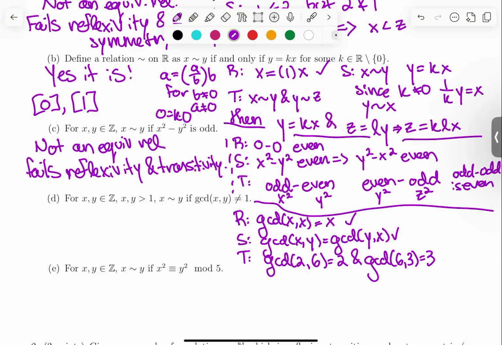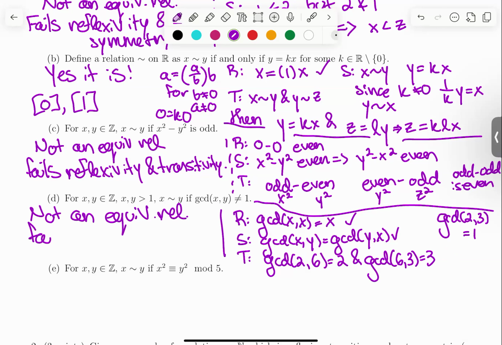That's 3, which isn't 1. But GCD of 2, 3 is 1. Womp womp. So not an equivalence relation. Fails transitivity.